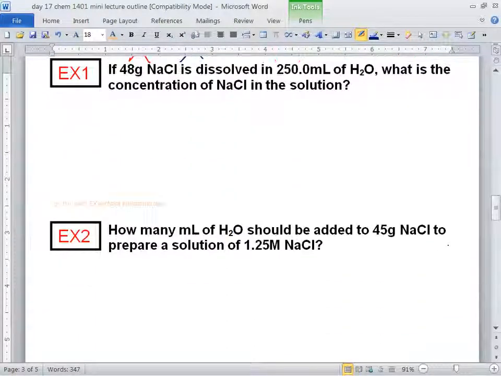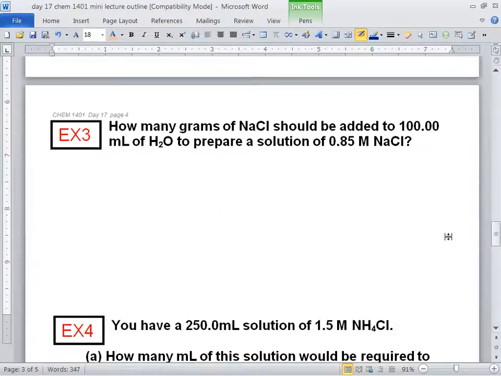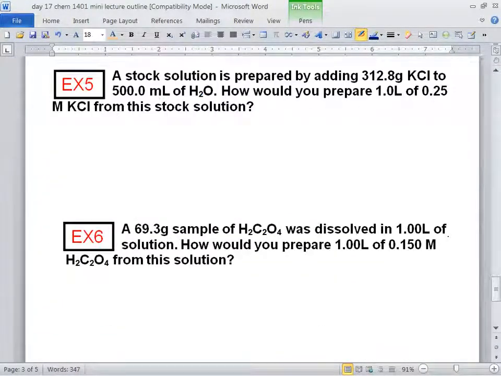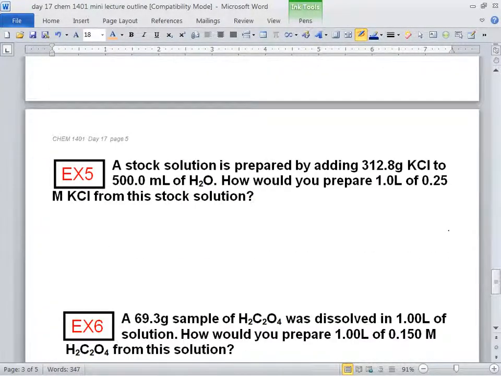Okay. Let's solve this one together before we go to the boards. We have 48 grams of sodium chloride dissolved in 250 mils of water. Oh, you know what we should do? Let's look at each one of these problems, and I'm going to ask you which equation you are supposed to use.